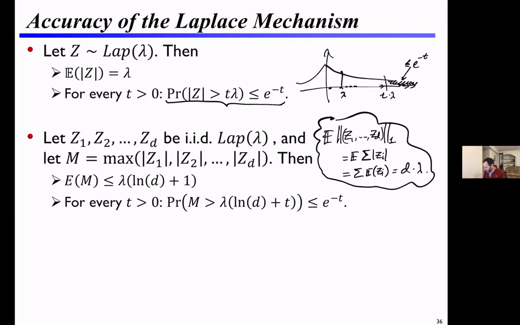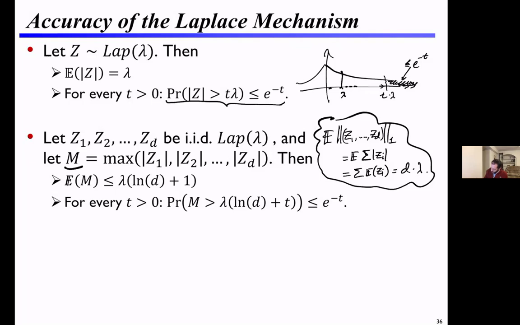The other thing we want to understand is how big the largest entry of the Z_i is. For example, if we're releasing a histogram, we want to know not just the typical error for any particular bin, but how bad the error of the worst bin is. One way to capture that is to define a random variable M, which is the maximum of these Z_i.